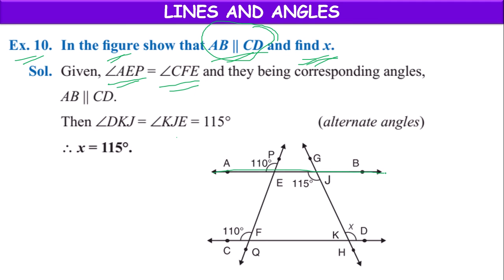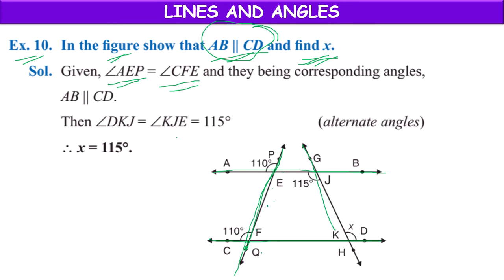So this AB line is parallel to CD. PQ is one transversal, and these are the points E and F for the angles.